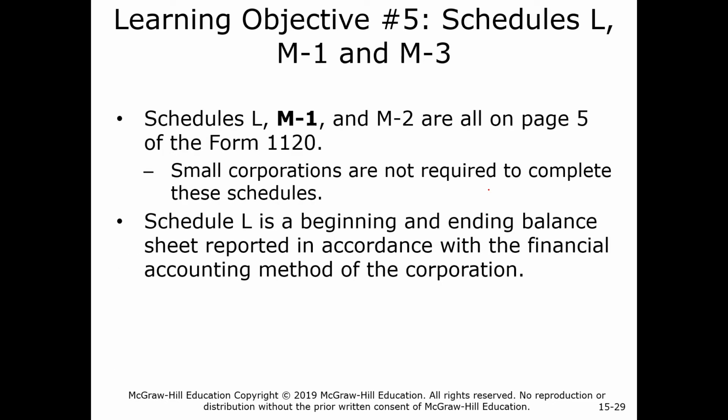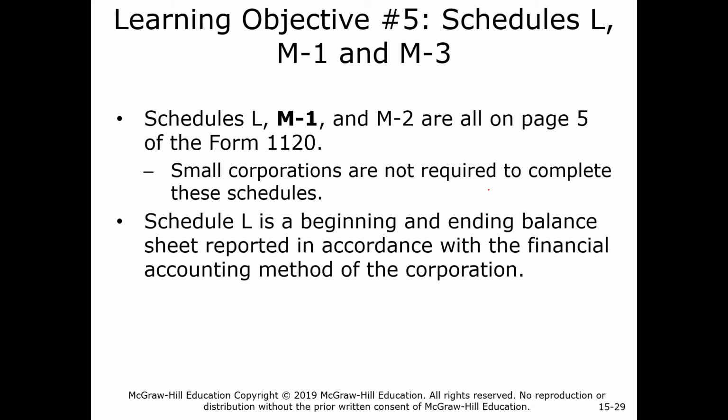So we'll leave that for another time, and we'll concentrate on Schedule L, M1, and M2. The Schedule L is basically a balance sheet. If you're looking at your Form 1120 and you go to the fourth, fifth page, you'll see the Schedule L, which is basically the balance sheet with beginning balances and ending balances.